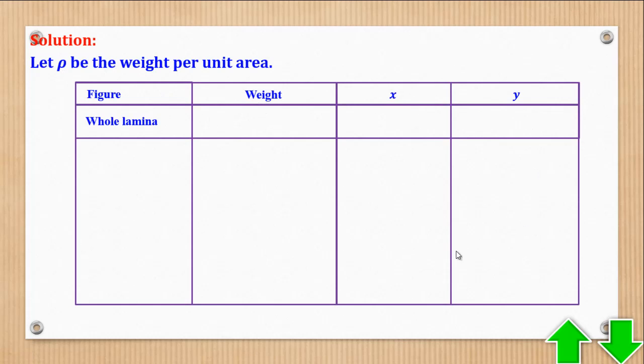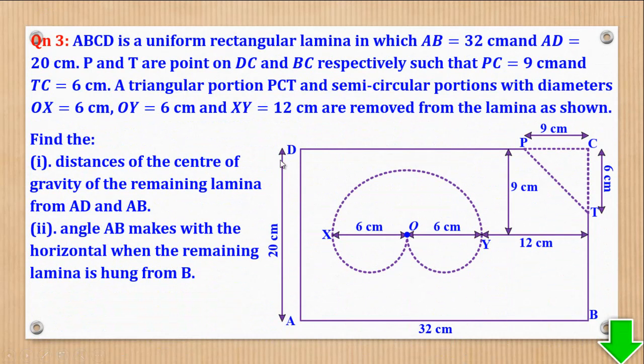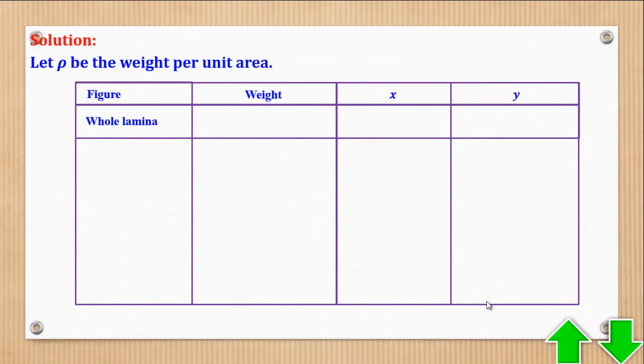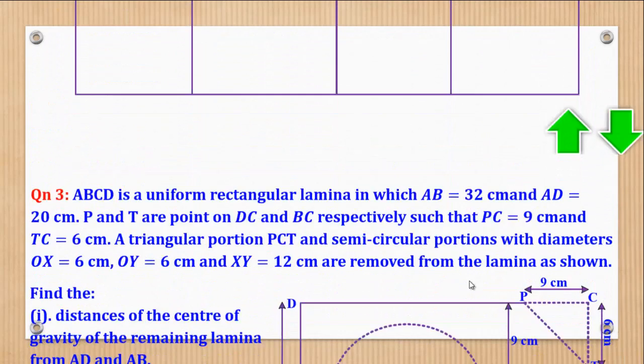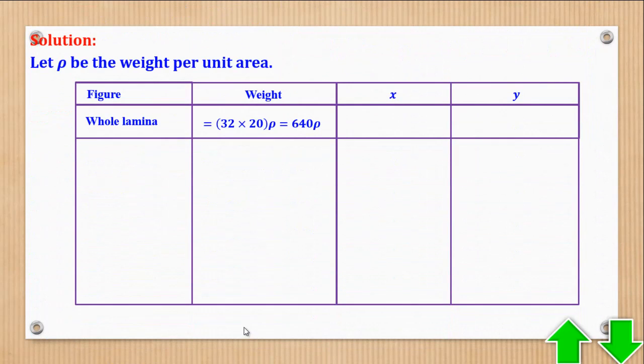So let's start. The whole lamina area will be 32 times 20. Then multiply by rho to get the weight. Then half of this is x and half of this is y. So half of 32 will be x and half of 20 will be y.